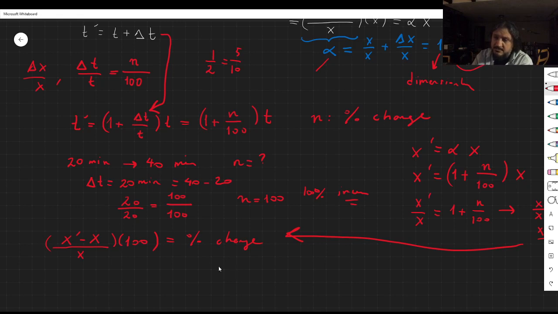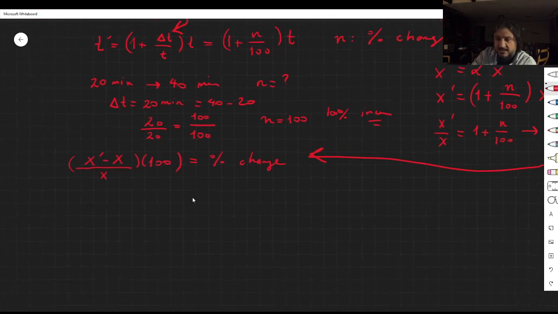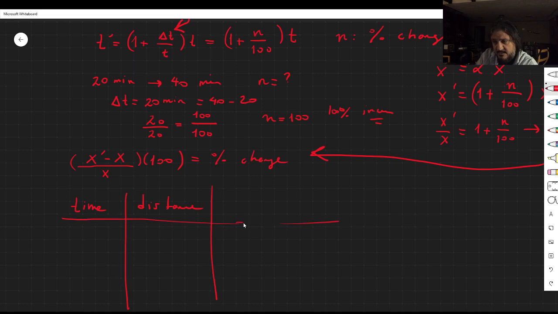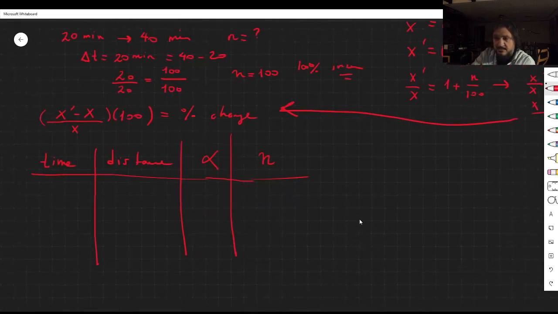All right, so let's go back to our table again. Let me write time, distance, let's add 2 more columns here, alpha, and then n, which represents percent change, right?